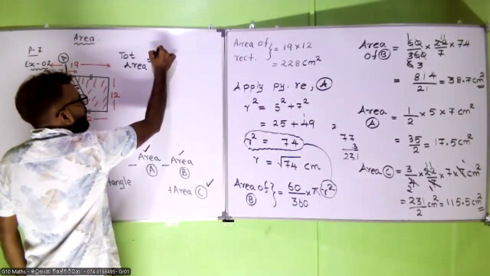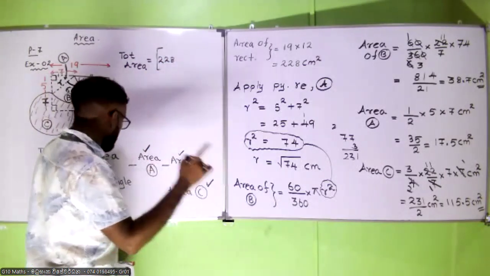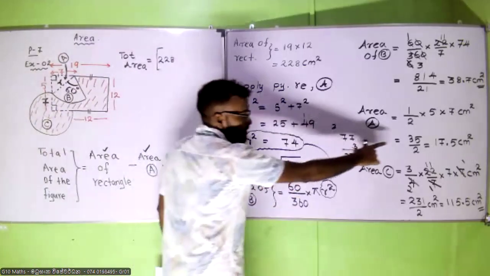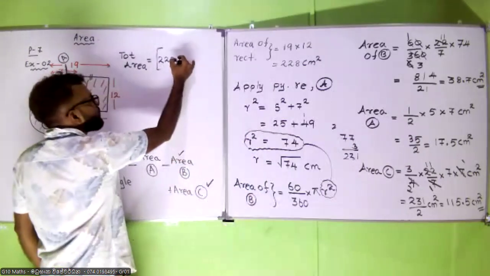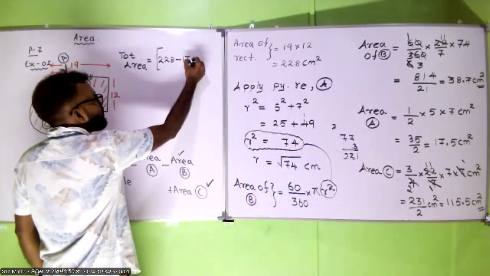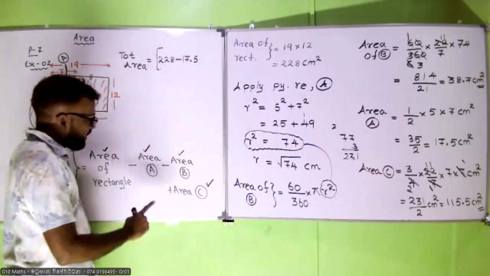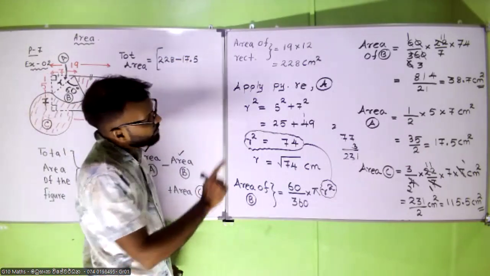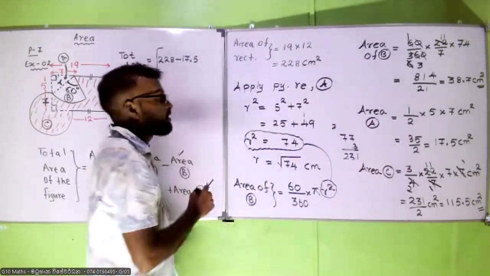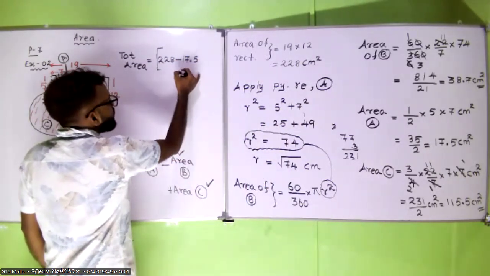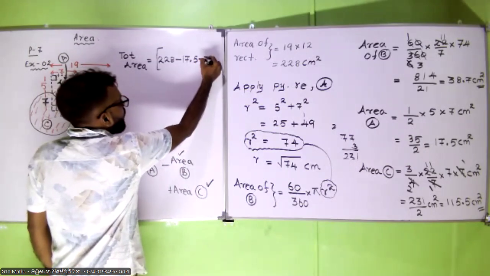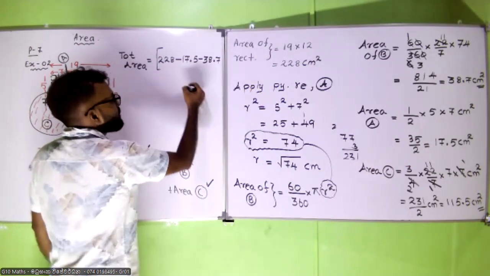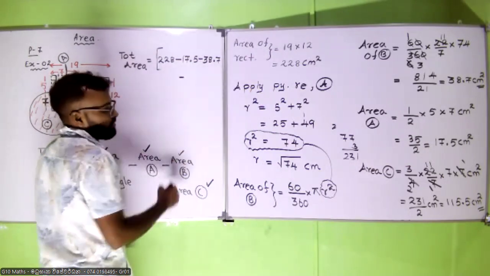From that I have to subtract area of A, 17.5. Subtract 17.5. From that I have to subtract area of B. Area of B is 38.7. All of them are square centimeters, so I will put it at the end.